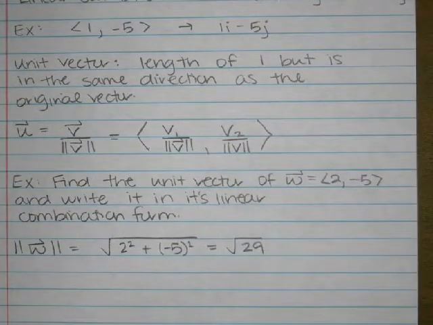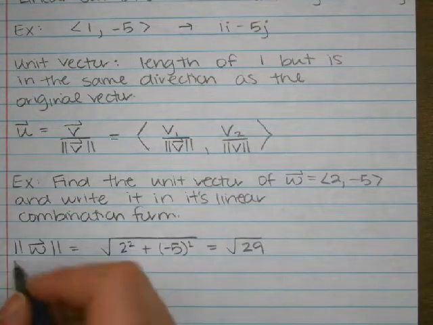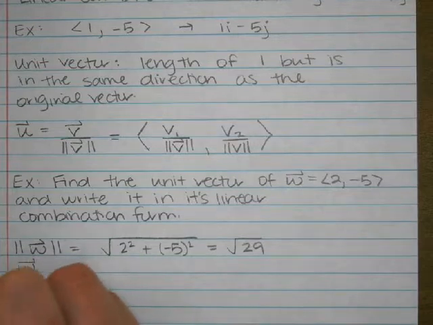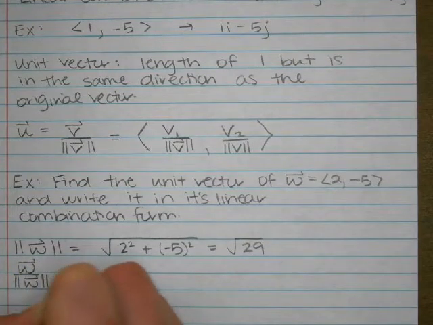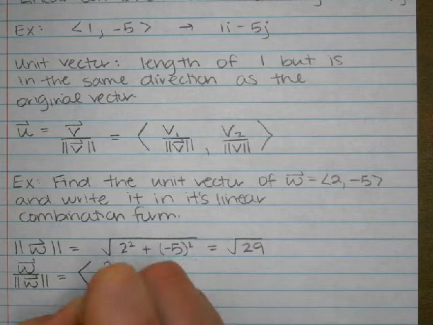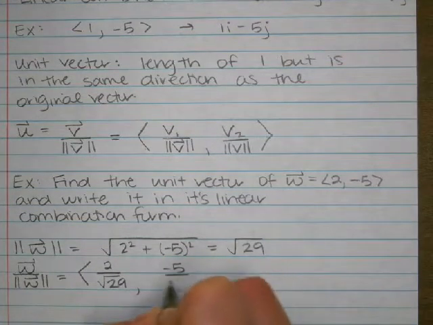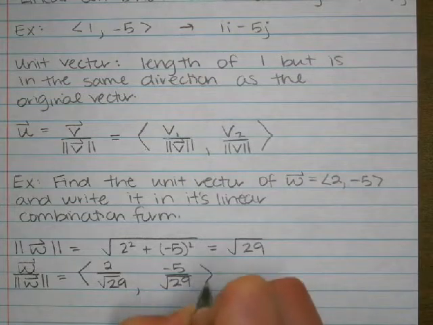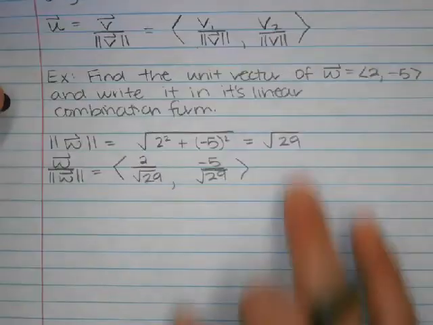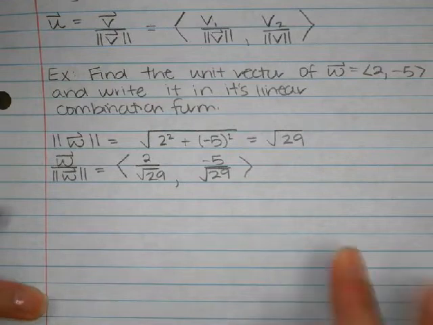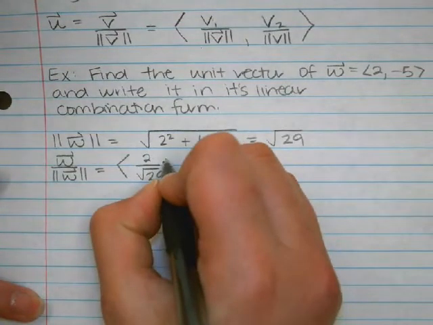So now I can go ahead and figure out what the new horizontal component and the new vertical component would be. I'll say w over its magnitude is 2 over square root 29 comma negative 5 over square root 29. And as we know, it's not proper to leave square roots on the bottom of a fraction, so I should be fixing this by multiplying by square root 29 on the top and bottom.